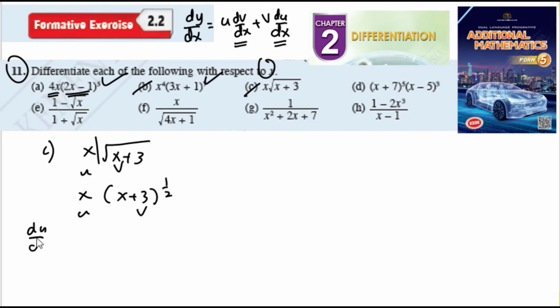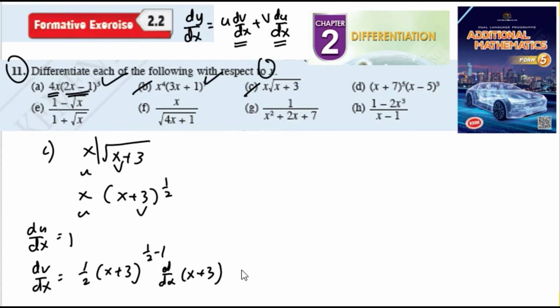So du over dx is equal to, differentiate x, you get 1. So dv over dx, when you differentiate this, you bring the power forward, (x plus 3), and then you minus the power with 1. And then you differentiate what is inside the bracket, which is equal to, so this one is a third (x plus 3), a third minus 1, negative two thirds.